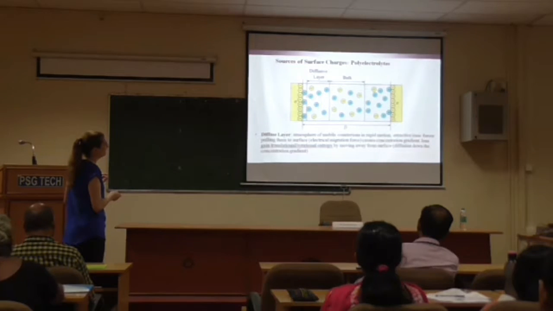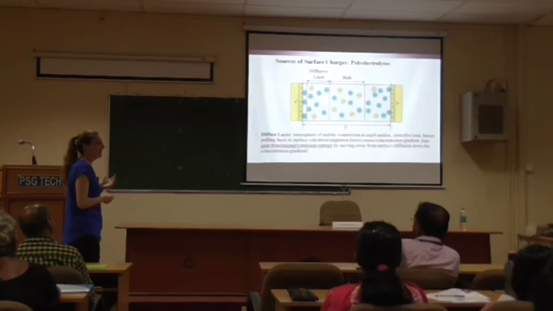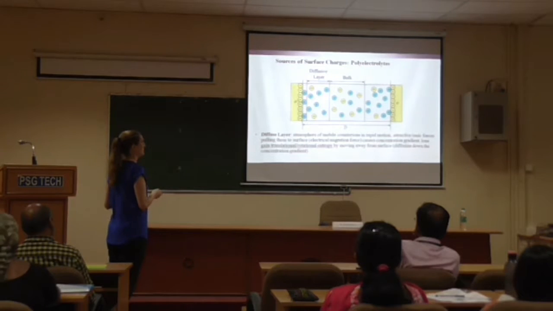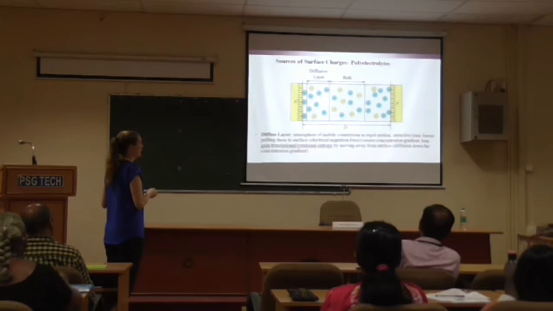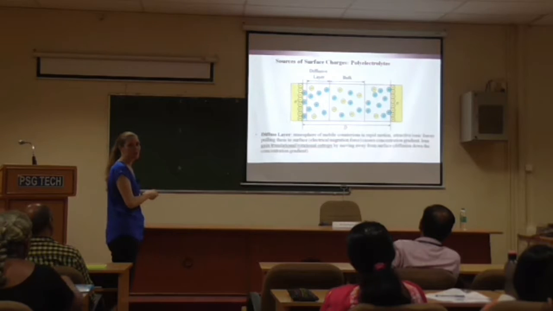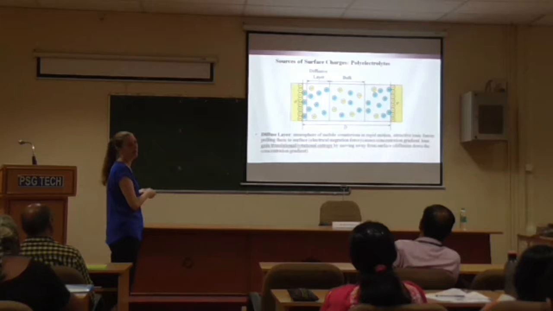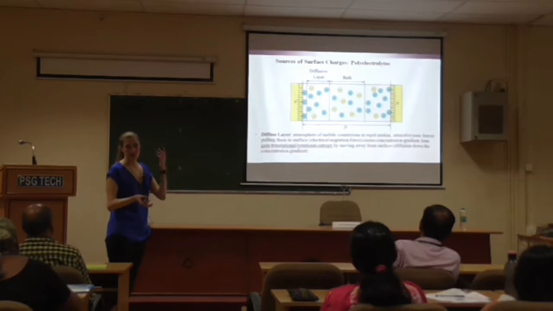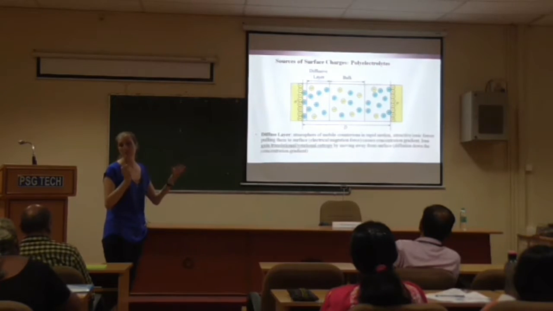And if you go away from that surface, right in this region, I actually end up having more counter ions, more ions of the opposite charge from my surface, than co-ions. So my net charge in any one of these sections is not zero because it's balancing this big thing that can't move around. Now if I go far enough away, I'm back in bulk, and in the bulk section, the positive ions and the negative ions add up.